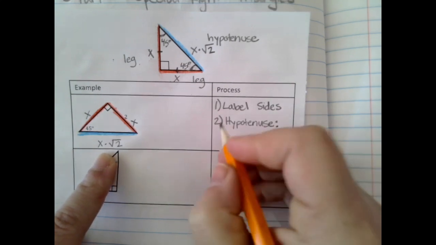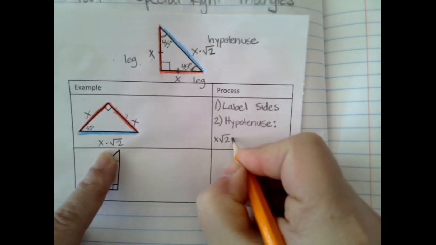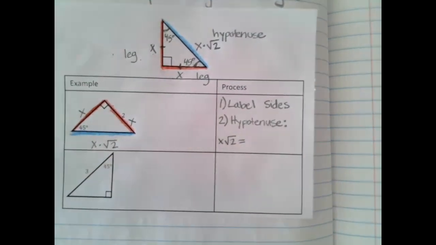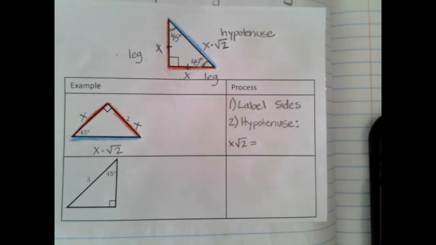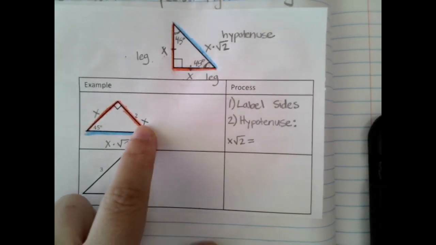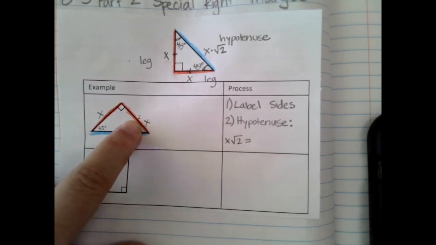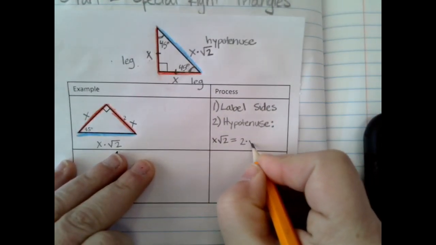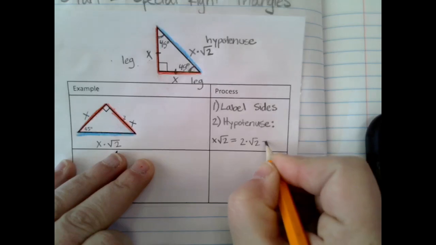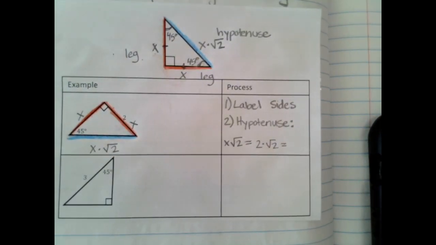All right, and the hypotenuse tells us we're doing x square root of 2, or x times square root of 2. What is our x? It says x is 2. We knew our x was 2, so we're going to do 2 times the square root of 2. And today, again, we're going to throw those in our calculator.